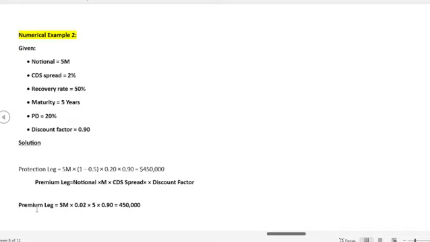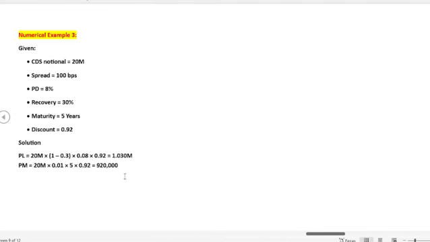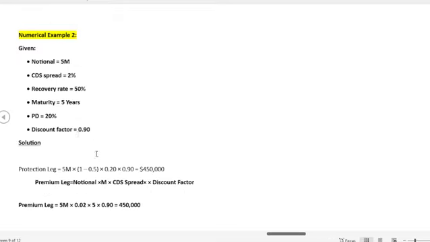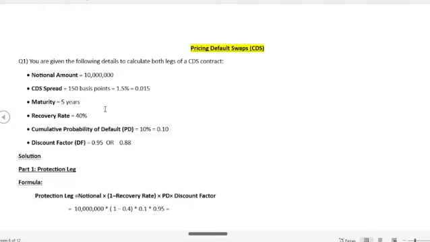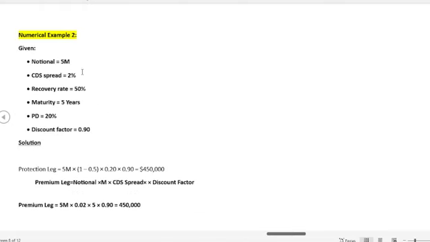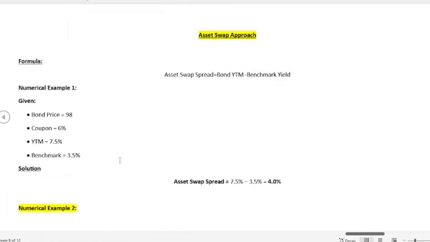Same for the protection and premium legs. You can also solve this on your own. This is numerical number 2 and this is numerical number 3, with the answers. I have explained question number 1 in detail. You have to solve question number 2 and numerical number 3, checking the answers.